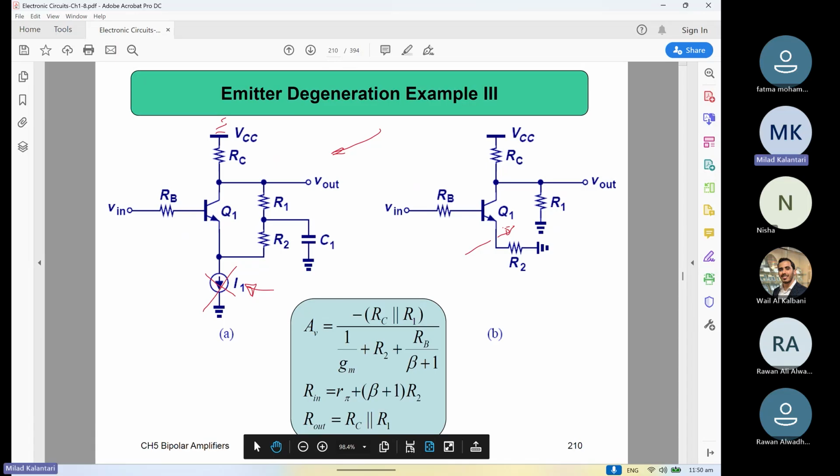We should be shorted. R2 is basically to the ground, R1 also to the ground, right? These two basically are shorted together, right?